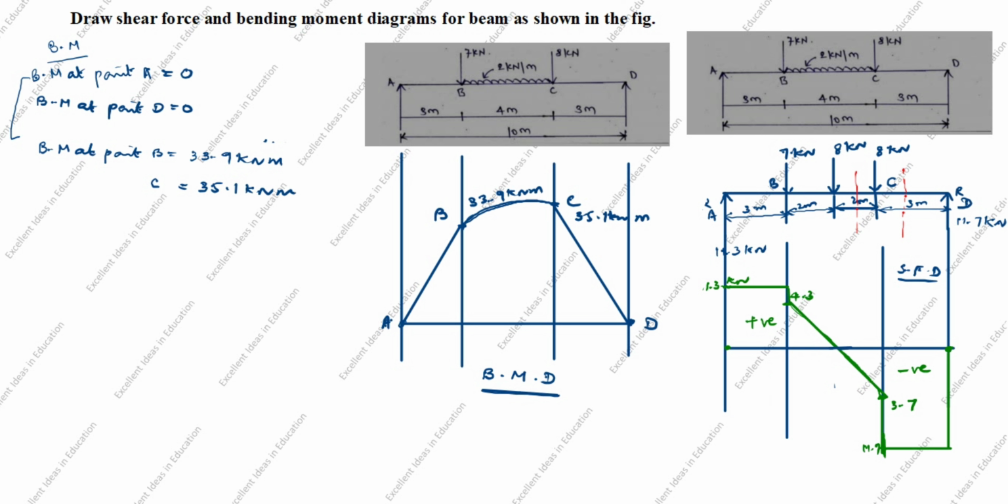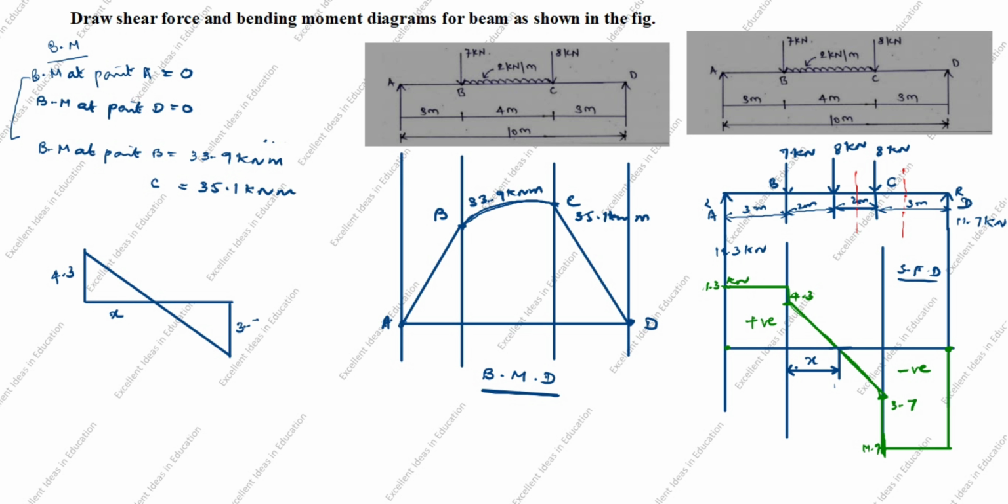Now we will take this as X. This one I will draw here. This is X. This value is 4.3. This value is 3.7.